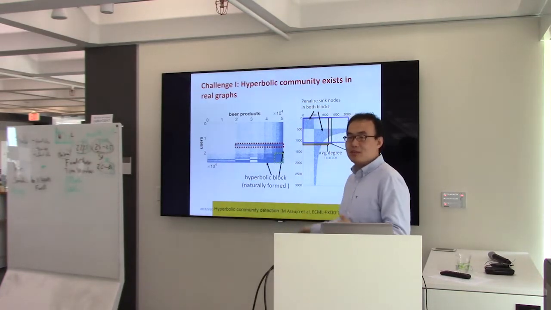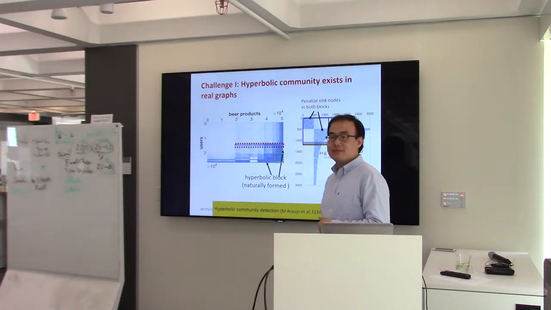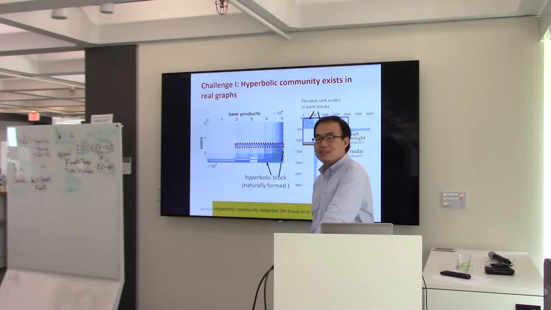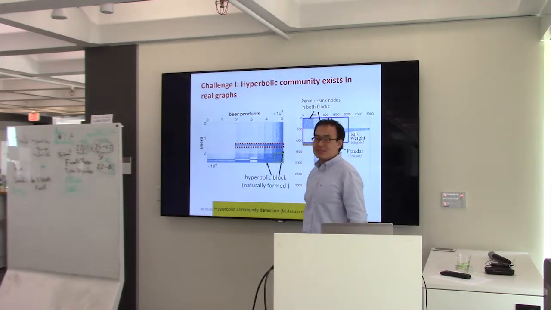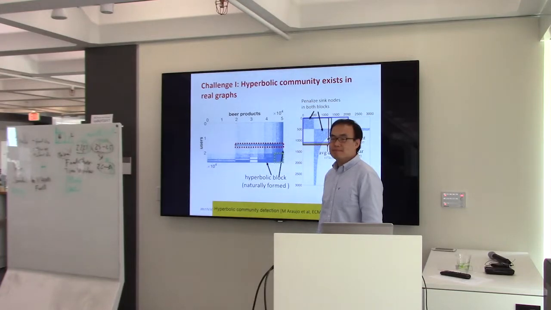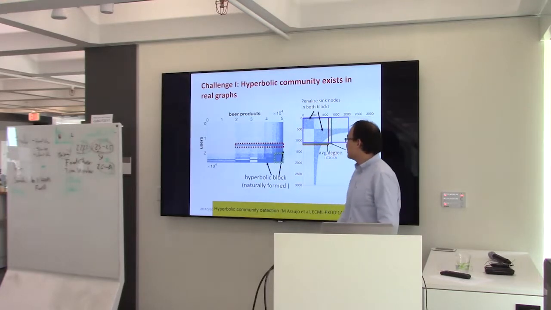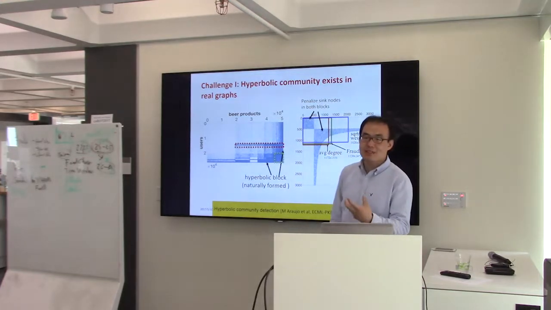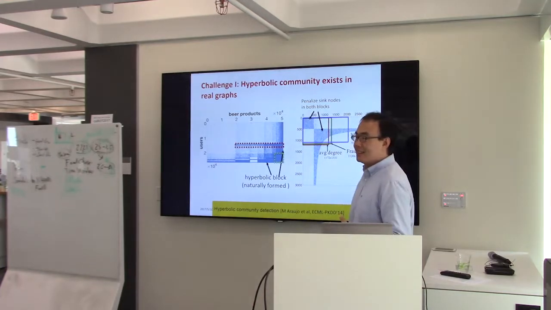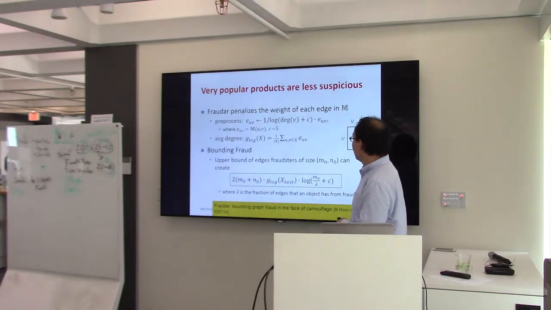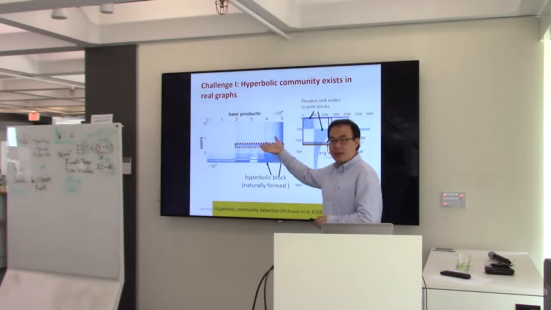Actually, it's very similar to the 80-20 rule in society, right? Yes, most people just like a few branded beers, and only a few people have special tastes. Exactly. If you're interested in this work, I can give you the reference.